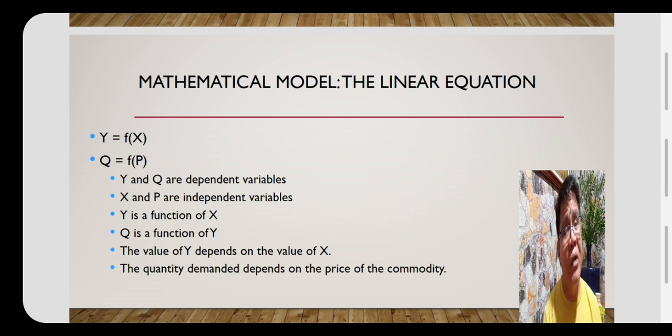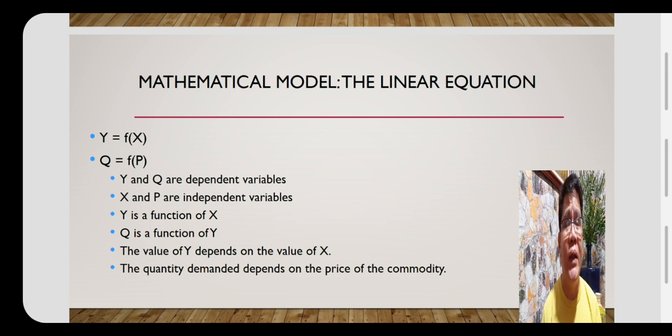Because in reality, if you go to the market, before a buyer can decide how much to buy of the commodity, the buyer has first to know the price. So only after knowing the price can the buyer make a decision to buy more or to buy a lesser amount of the commodity.